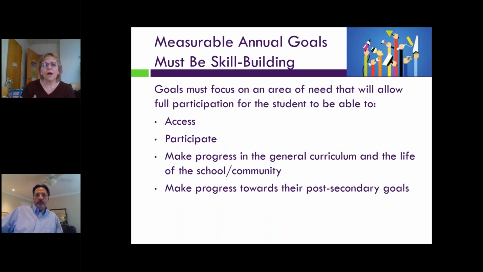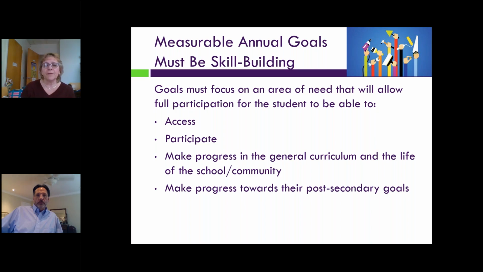Measurable annual goals must be skill building, right? So these goals must focus on that area of need, as I just mentioned, from the reevaluation process that you go through as an IEP team.